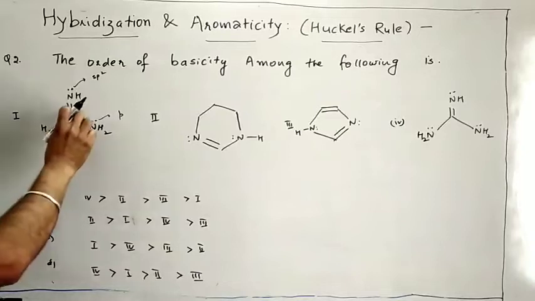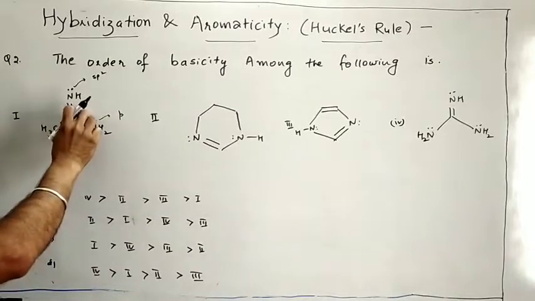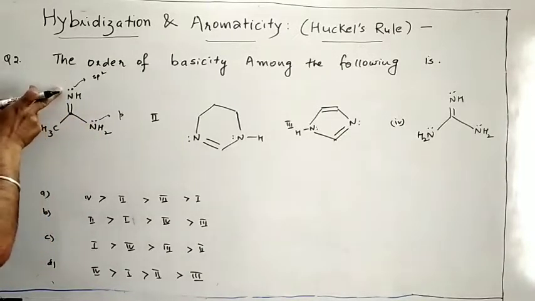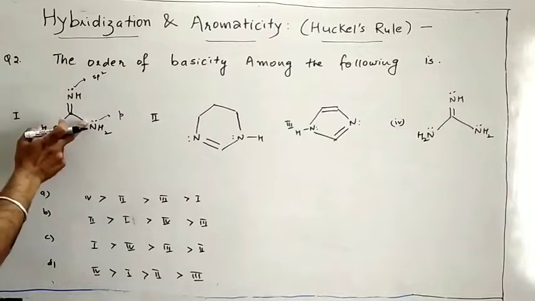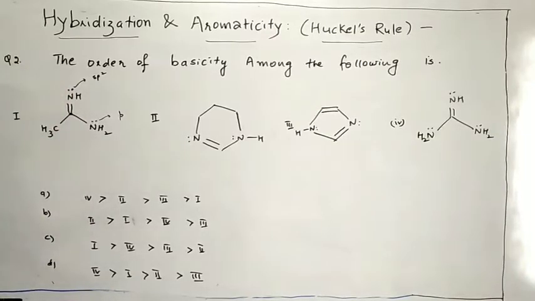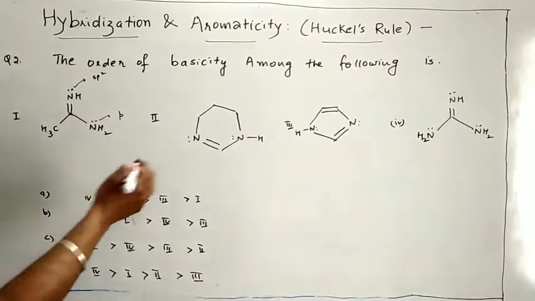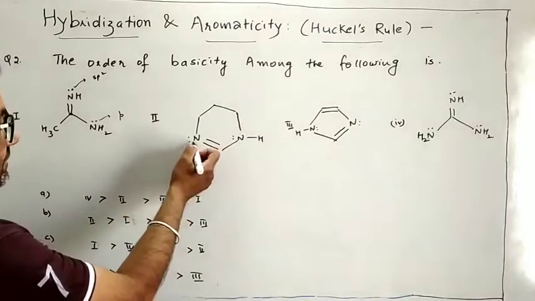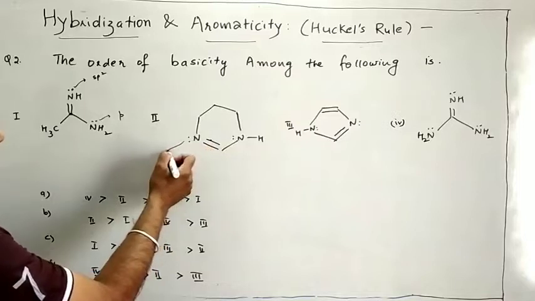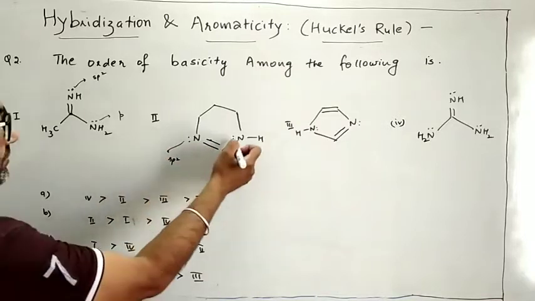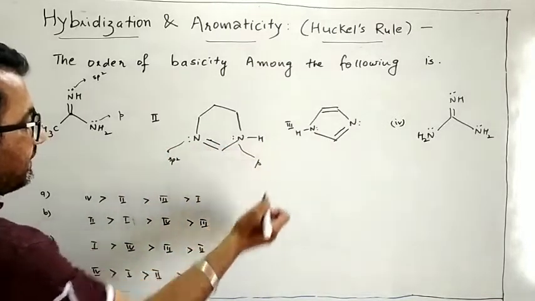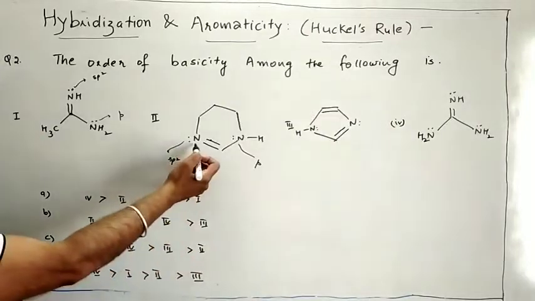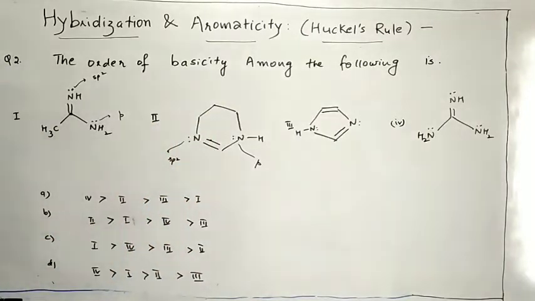This compound is basic due to the presence of this lone pair of electrons, not this lone pair. So in the second compound, this nitrogen uses its p orbital, which means this pair is present in sp2 but this pair is present in p. It means this nitrogen is responsible for basicity.